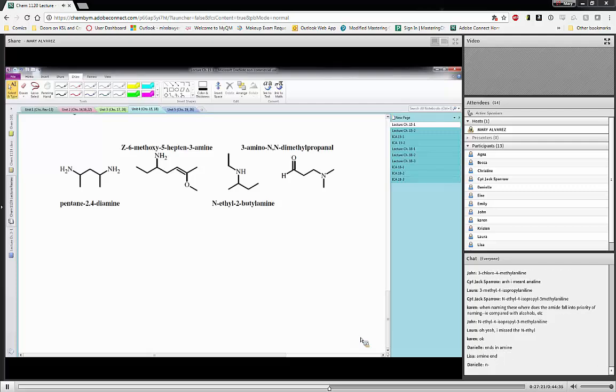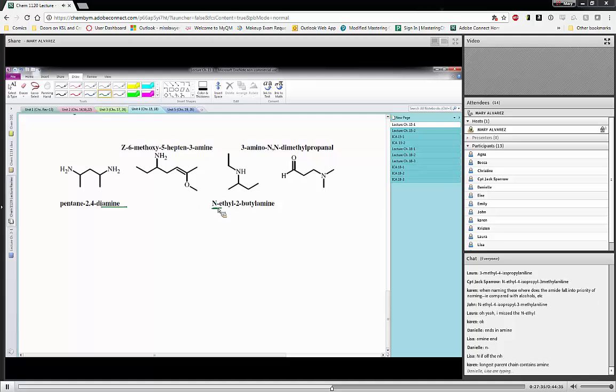Okay. Your highest priority functional group, if it's an amine, it just ends in amine. That was easy. We still use that N substituent if it's off of the nitrogen. Good. We are generally looking for the longest carbon chain that contains our amine. Excellent. Perfect.